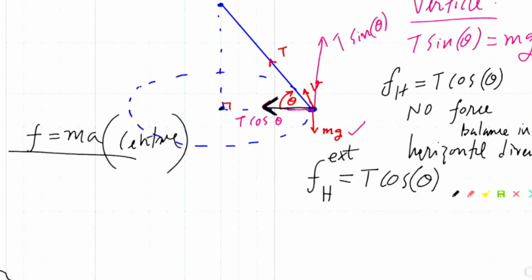So, F would now be T cos theta equals M times A, and A is called AR. Any questions? This AR is called radial acceleration.